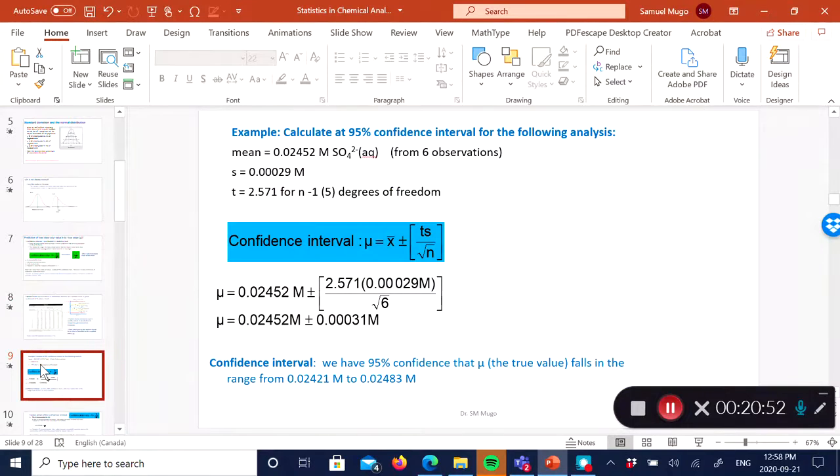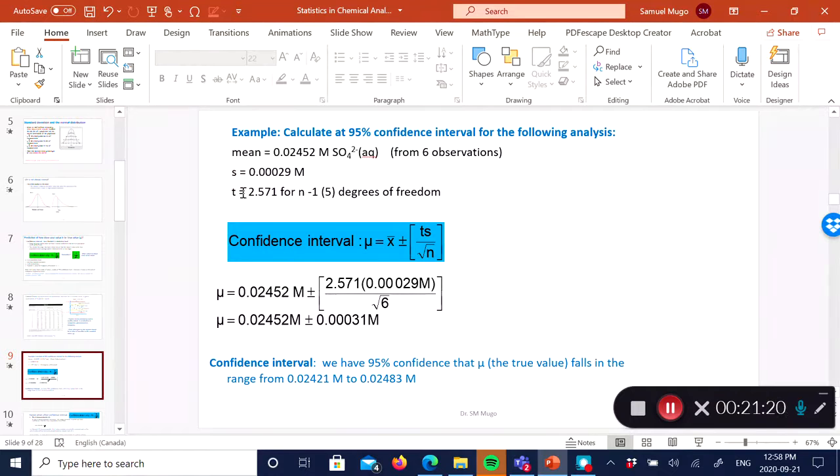So if I give you a problem like this, calculate a 95% confidence interval for a data set that looks like this. You are running, say, sulfates in water. You've done 6 different measurements, maybe using a titration. And that is your standard deviation, that is your mean.